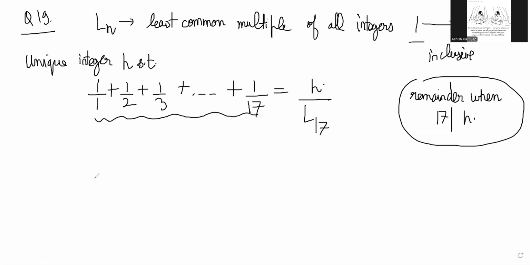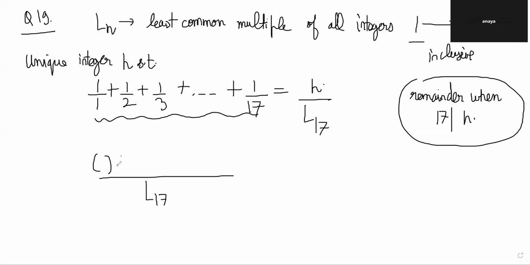Like technically, what do you have to do? To add the fractions, you need to write L17 here somehow. Right. Yeah. Then only you can add the fractions ideally. But you can also add it by multiplying everything, but that will be much larger than L17, no? Yes. The least common multiple will be significantly smaller than the product of all of these numbers, right?